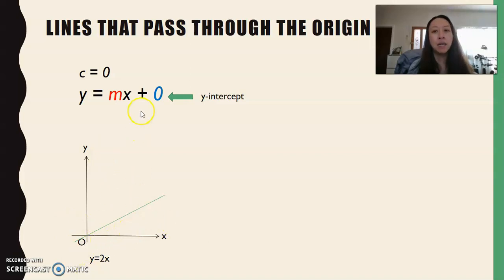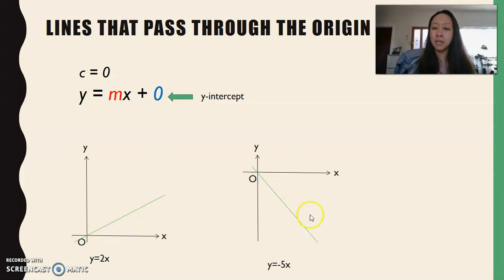For a line that passes through the origin, the y-intercept is 0, and therefore it's going to be y = mx + 0, or simply y = mx in gradient-intercept form. In this case, if y = 2x, you can see that the line will pass through here. In another example, if y = -5x, it's going to pass through here.